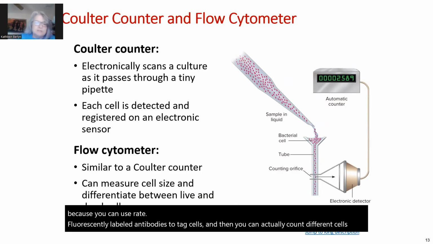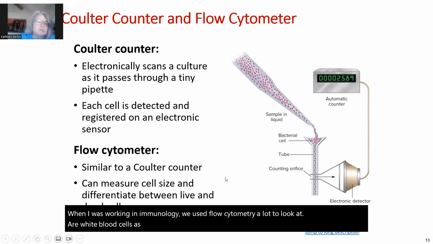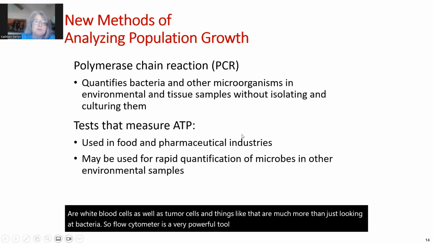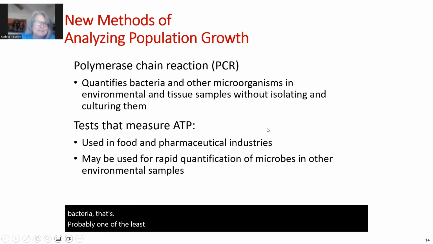When I was working in immunology, we used flow cytometry a lot to look at our white blood cells as well as tumor cells and things like that, much more than just looking at bacteria. So a flow cytometer is a very powerful tool, well beyond just counting and enumerating bacteria. That's probably one of the least used ways that you use a flow cytometer because it does so much more than that.